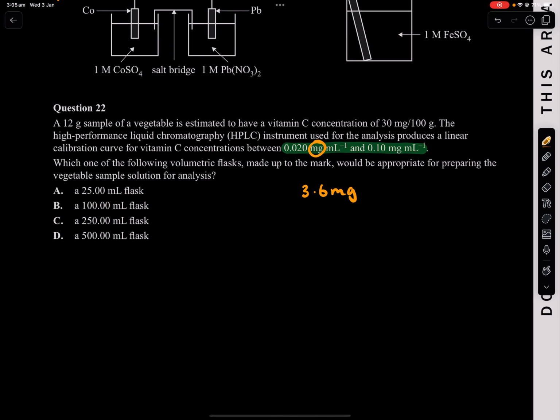Because the units here are milligrams per milliliter, let's say we pick the first one, a 25 milliliter flask.